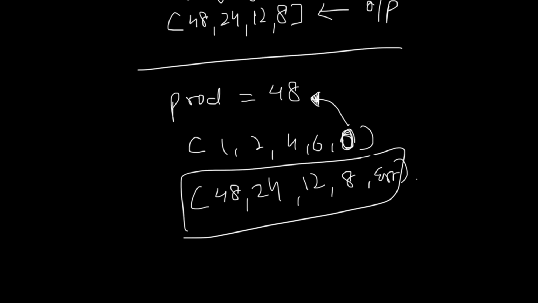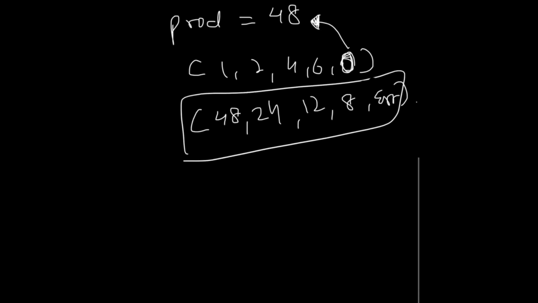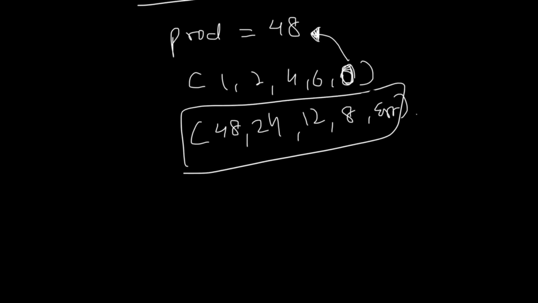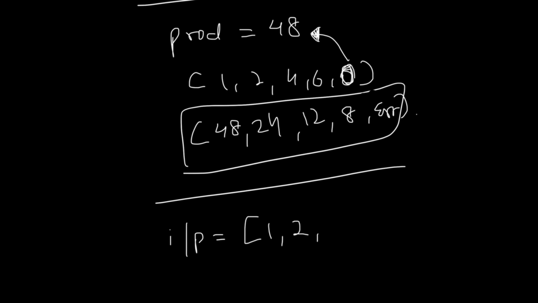Now, one way of getting around this is basically counting our zeros. So if we have our input array, let's say our input is 1, 2, 4, 6, and 0, what do you think should be the result of this input array?